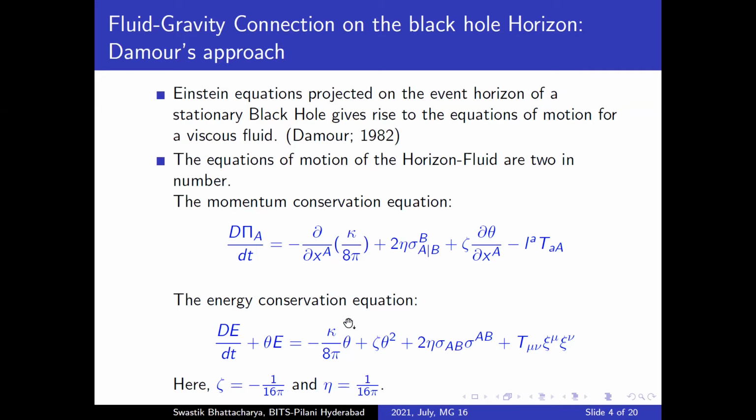Similarly, you have this energy density E, and this is also a geometric quantity. It turns out that it is the expansion coefficient of the null congruence on the event horizon. It is typically denoted by theta also. And this pi a is also a geometric quantity. That T we have taken here is the Killing time.